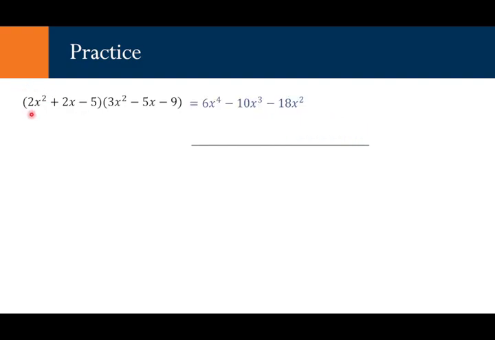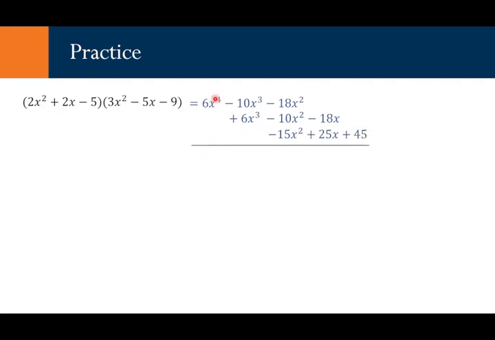So starting with the 2x squared multiplied by each of these 3 things gives us these 3 terms. And then this 2x multiplied by each of these 3 things. And here we're just lining it up vertically to kind of simplify the grouping phase and lining it up by exponent. And then we'll do the negative 5 by each of these things.